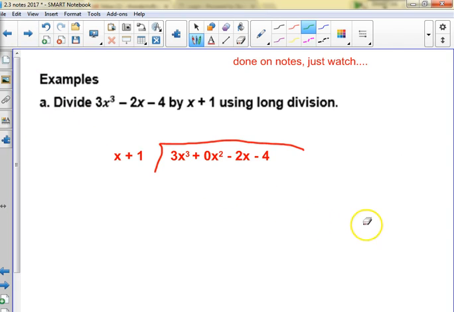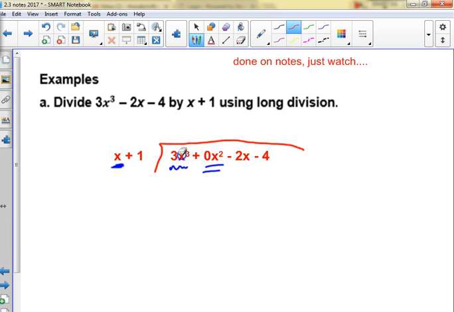You can just watch this one. It's already done for you on your notes. First of all, this did not have an x squared term, so we put a placeholder in. When I divide, I say x times what will become exactly 3x cubed? If you weren't here Friday, please be paying close attention.